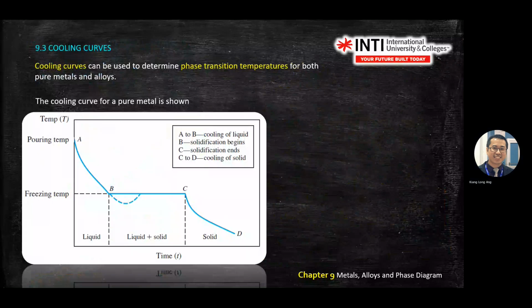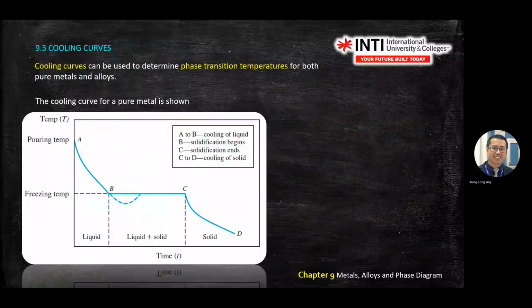So this is for the pure metal, especially you see pouring temperature, which is for the casting process. So when you want to do casting, you want to make sure you work in between A and B, meaning this is liquid phase. Over here is liquid phase, and then liquid plus solid, and this is solid phase.